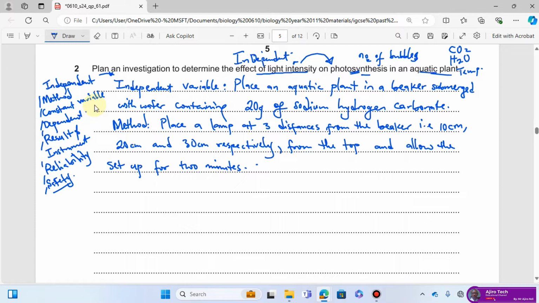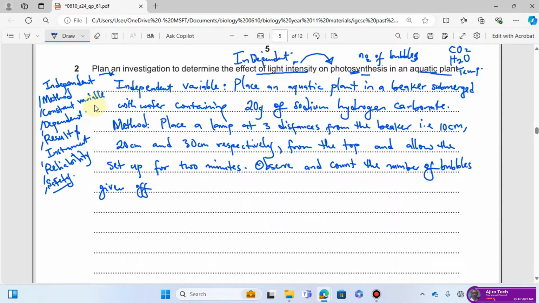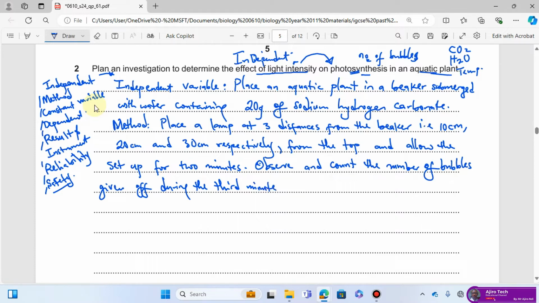Now, how do we measure the dependent variable and our result? Then observe and count the number of bubbles given off during the 3rd minute, using, you now state the instrument, a stop clock.